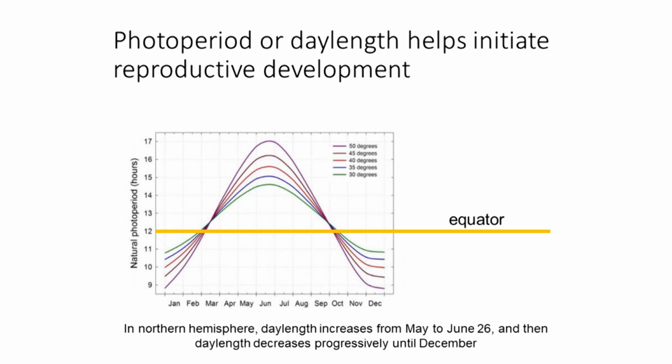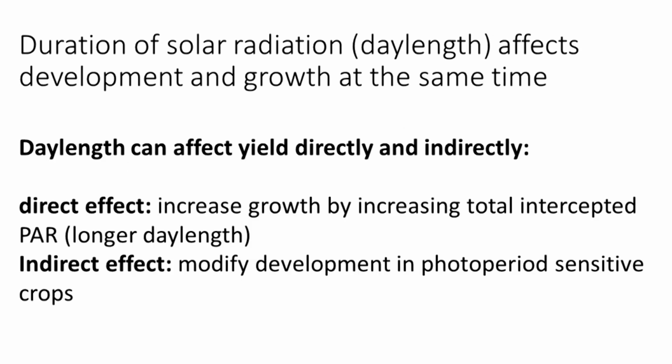The longest day of the year is June 26th, the shortest day is in December, and at the equator, photoperiod varies very little. It's about 12-hour days, but as we go further north or further south, the longest day of the year gets longer and longer.